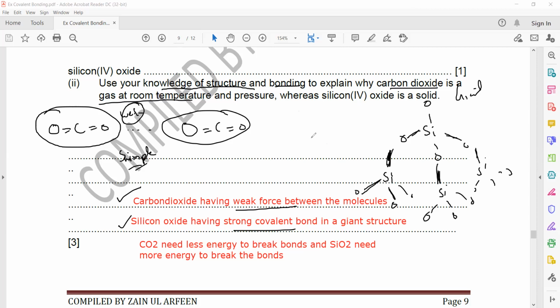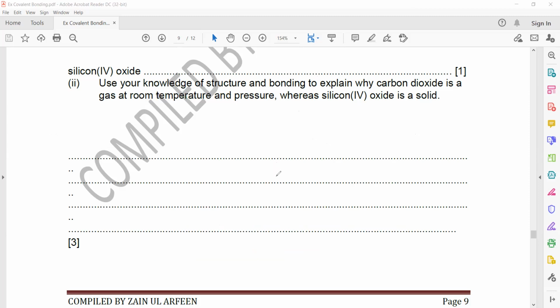Because, Abdullah, silicon 4 oxide is a giant structure. Like this is one molecule of silicon 4 oxide, okay? But this molecule is connected with another molecule by a covalent bond.